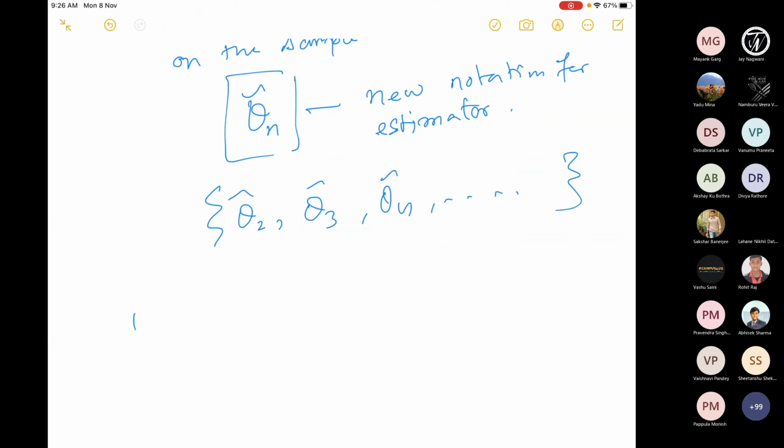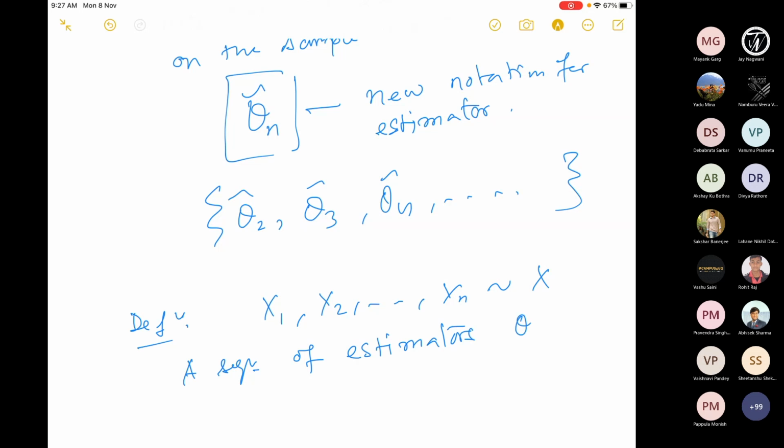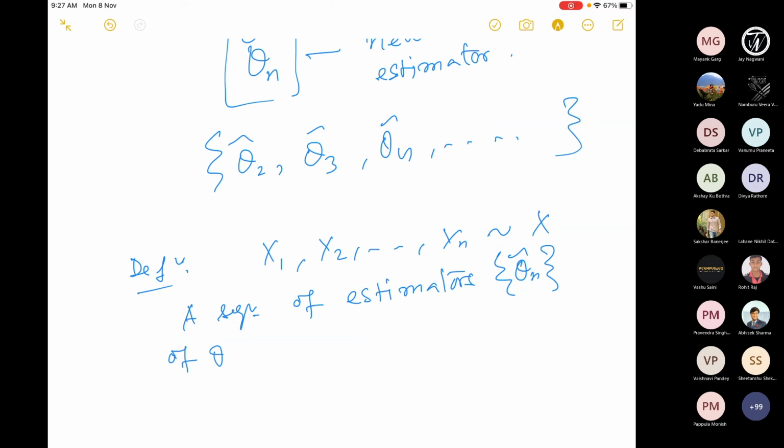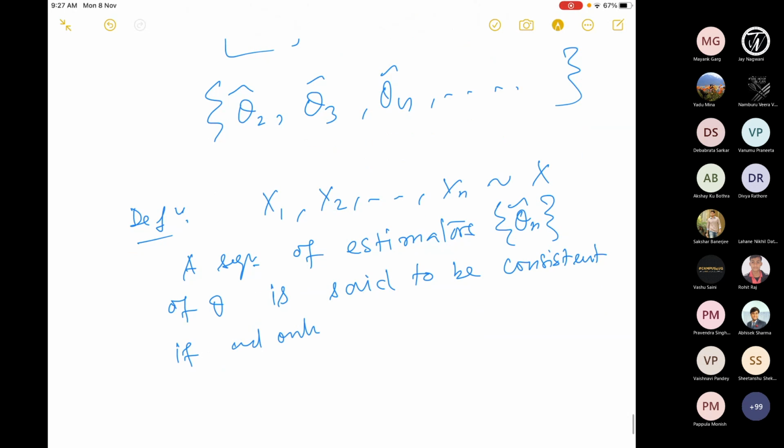Let me just define it. Here I am assuming that x1, x2, ..., xn is a random sample from X. Then I say that a sequence of estimators theta hat n, this is the notation for the sequence, as an estimator of theta, is said to be consistent if and only if the sequence theta hat n converges in probability, which we defined two weeks back, to theta.